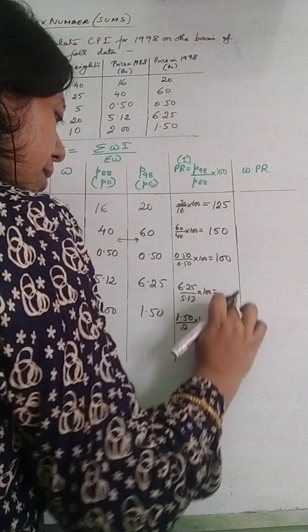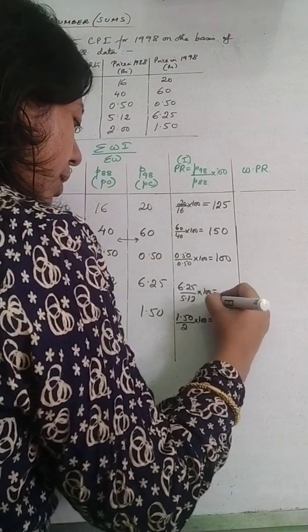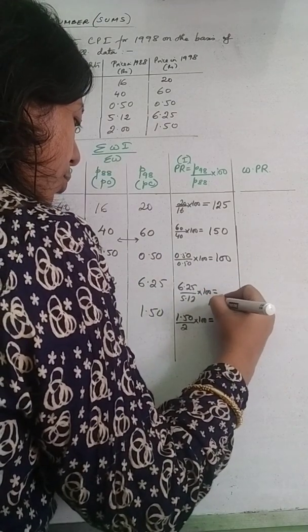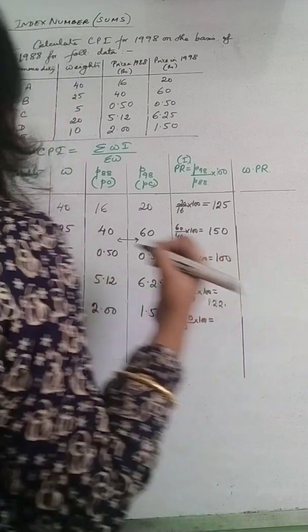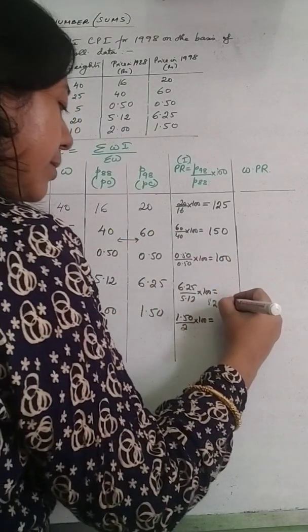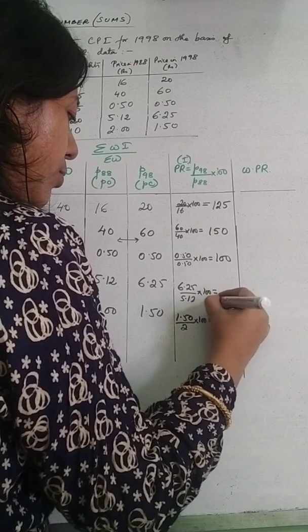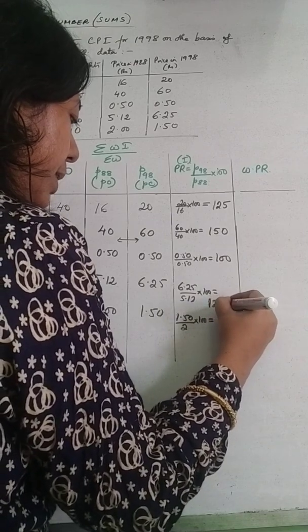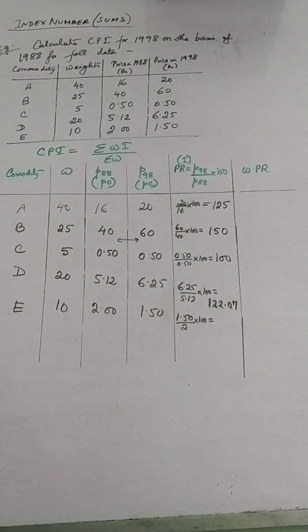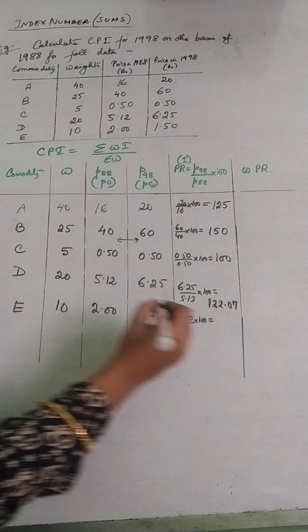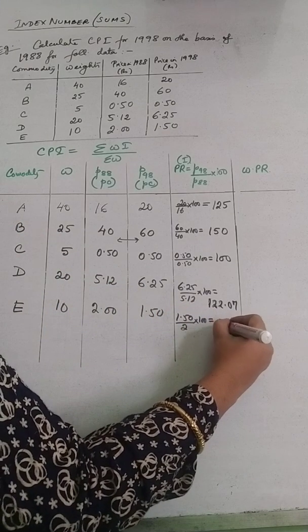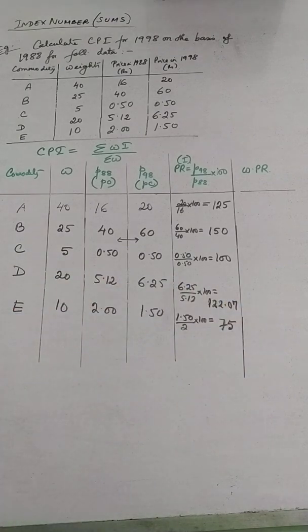I think it will be 122 point how much? 07. 122.07 it will be. And this value will be, this is becoming 10. So it's simply 75. Okay. So these are the PRs.